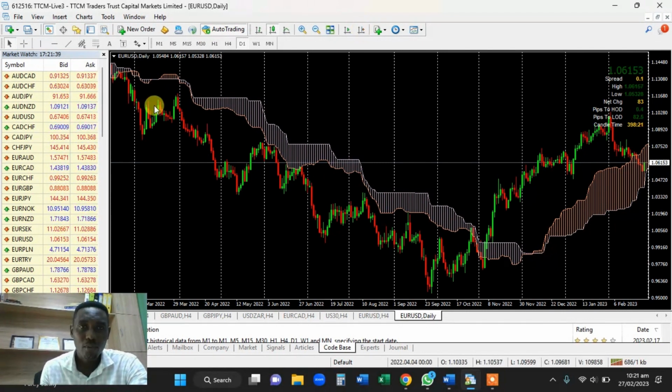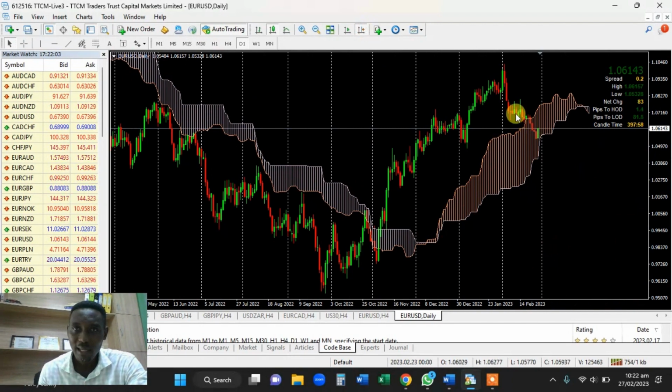For example, if you look at the cloud, at some points, market prices were below the cloud. At other times, prices were above the cloud. So trading with Ichimoku, there is no ambiguity. For example, there were times where the prices were within the cloud, captured, trapped inside the cloud.